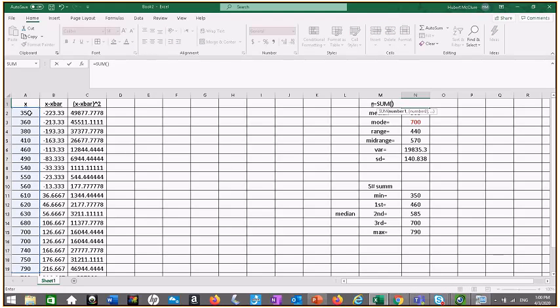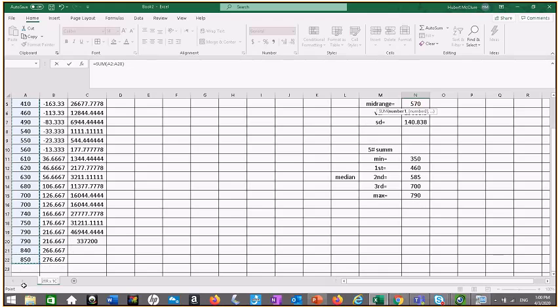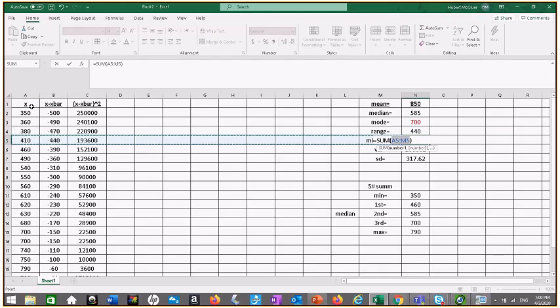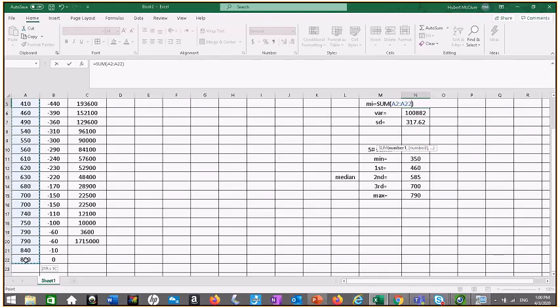Summation of all of these numbers. Let me do that again. Now I'm dadgum frustrated with myself. Divided by 21.